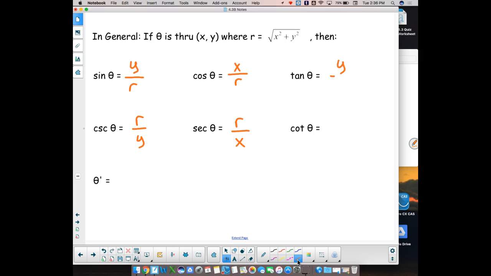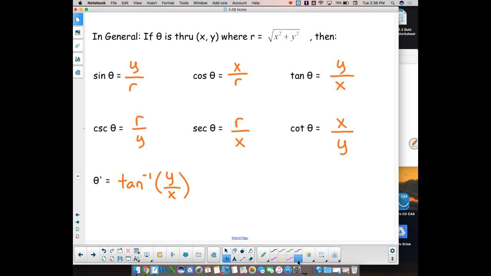Tangent is y divided by x. Cotangent is x divided by y. The easiest way to find theta prime is the inverse tangent of y divided by x.